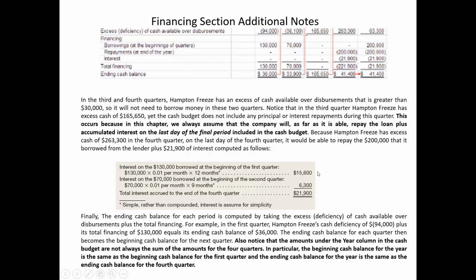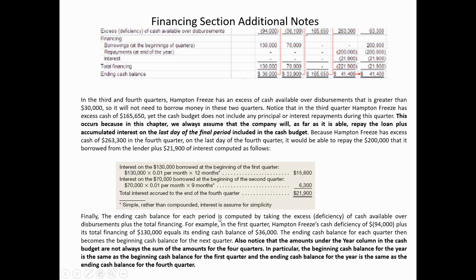So that means it's $15,600 for the first quarter, and then the interest on the $70,000 that it borrowed at the beginning of the second quarter times 12% per annum, about 1% per month, times 9 months means that's $6,300, and so the total interest, which is simple interest, is $21,900.